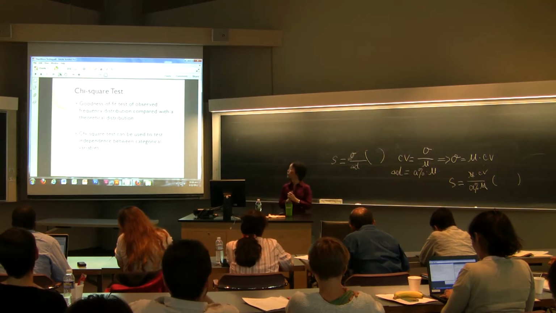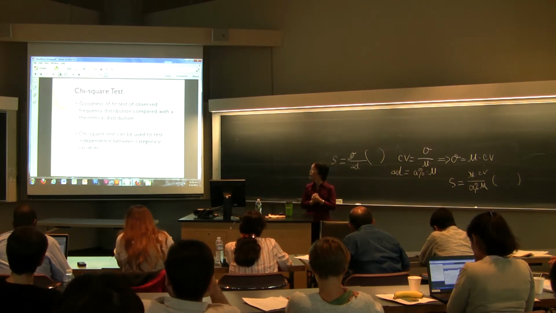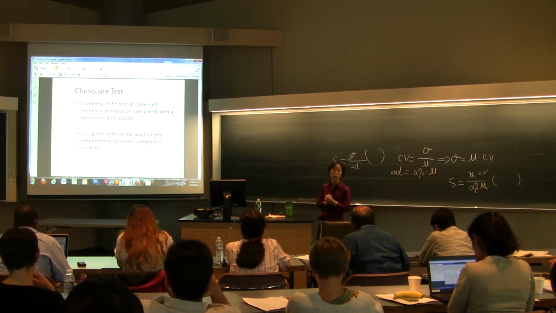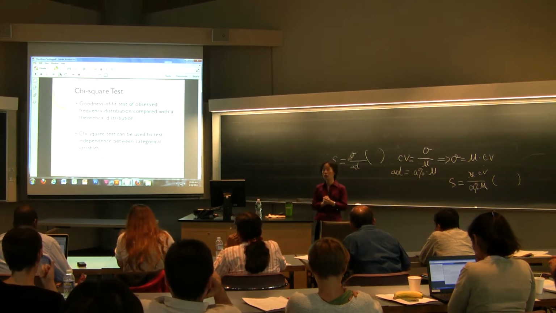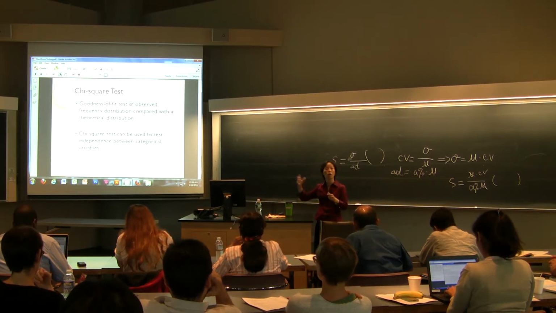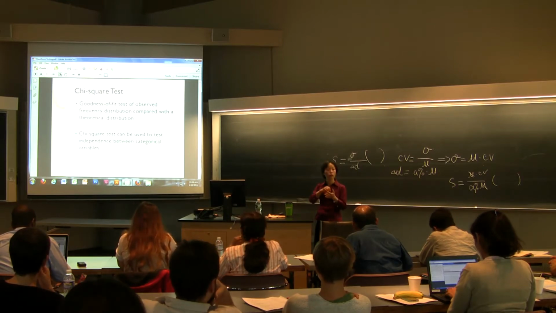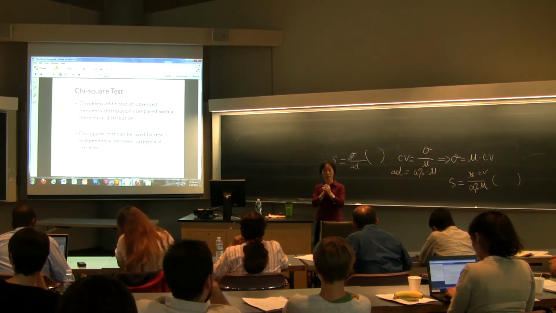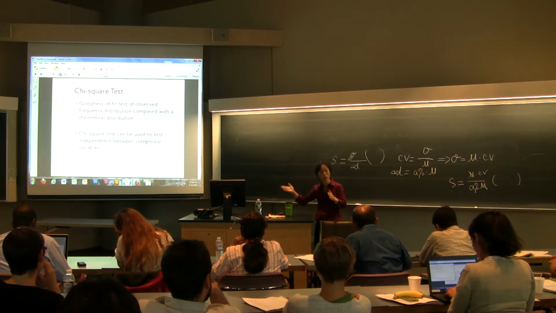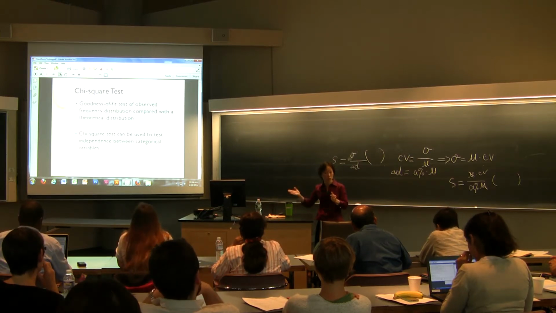With the chi-square test, we can do a goodness of fit test of an observed frequency distribution compared with a theoretical distribution. For example, we want to know whether the data is from a Poisson distribution. We have the observed counts, and under the null hypothesis that it's from a Poisson distribution, we can get the expected values.